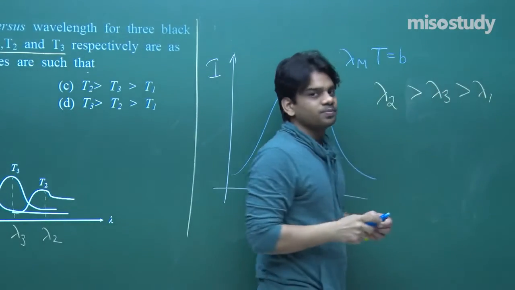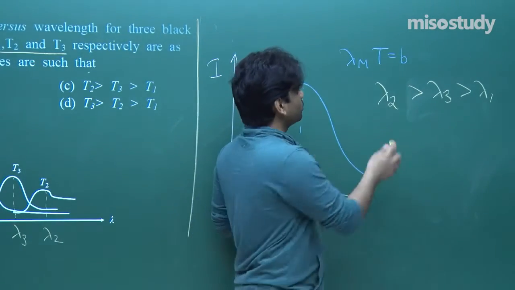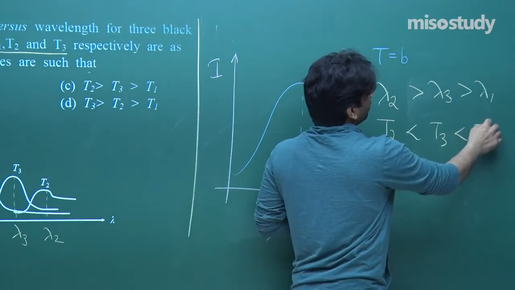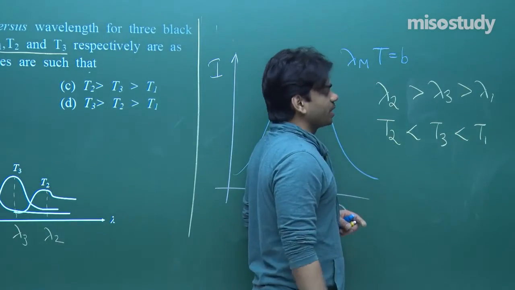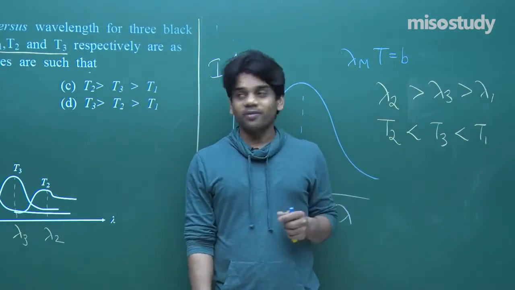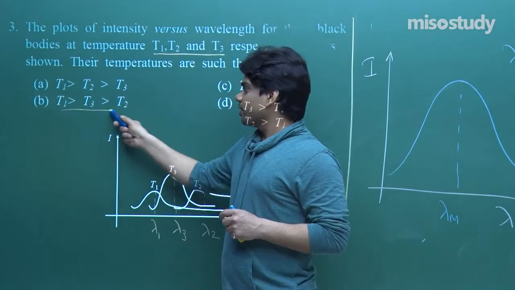Lambda 1 is the minimum. Since temperature and lambda are related inversely, we can write T2 and T3 in this way, and T1 will be the highest temperature. We have discussed such kind of question. T1 will be the highest temperature, then we will have T3. So T1 is highest, and then T3, and then T2.